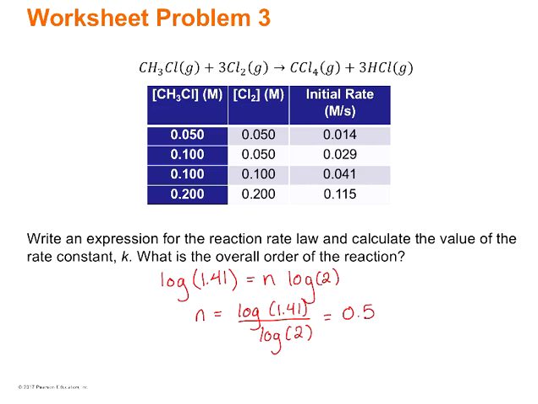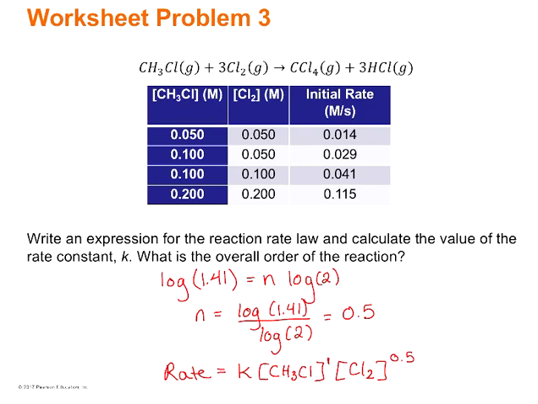Okay, so remember I told you before that sometimes we don't have whole numbers for the order of a reaction. Sometimes we can have fractions or decimals. So the rate is equal to K times the concentration of CH3Cl to the power of 1 times the concentration of Cl2 to the power of 0.5.